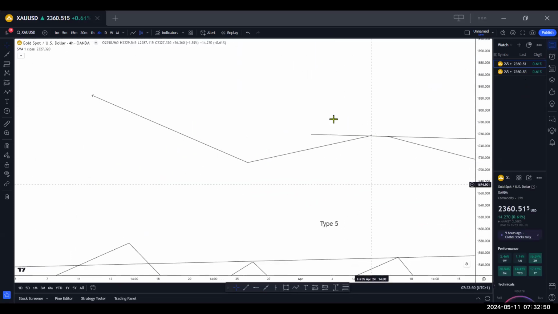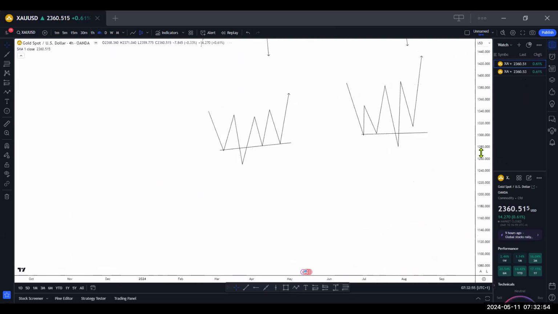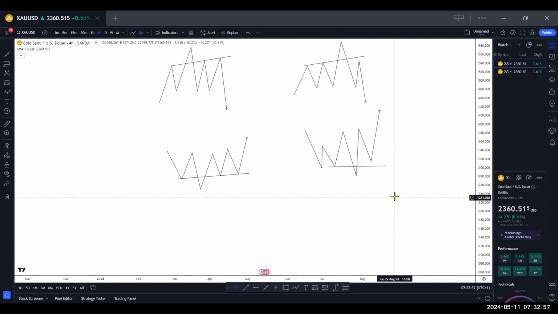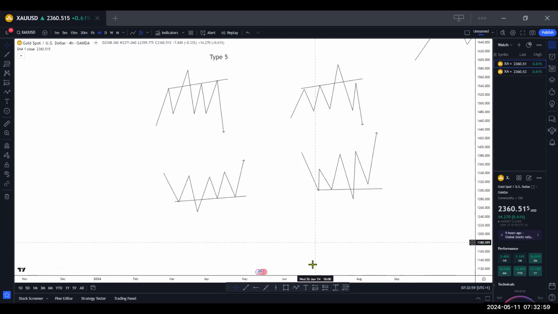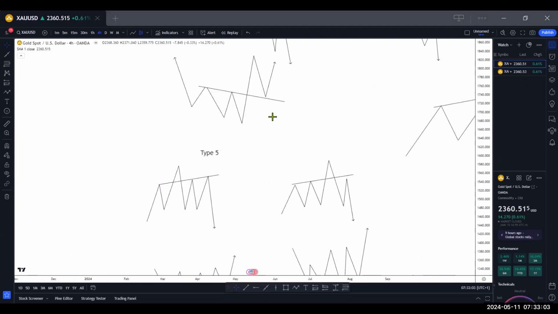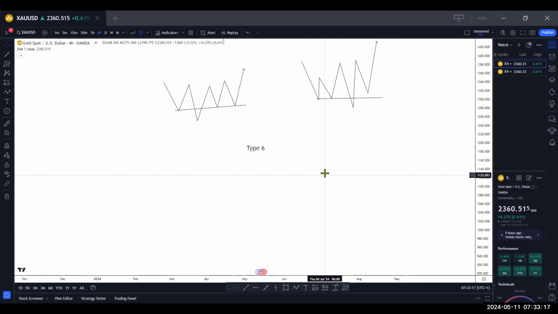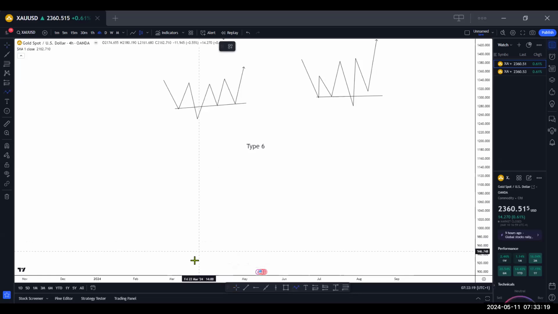All right. Now for type 6. Trendlines are super, super powerful. All right, for type 6, you can have something like this.